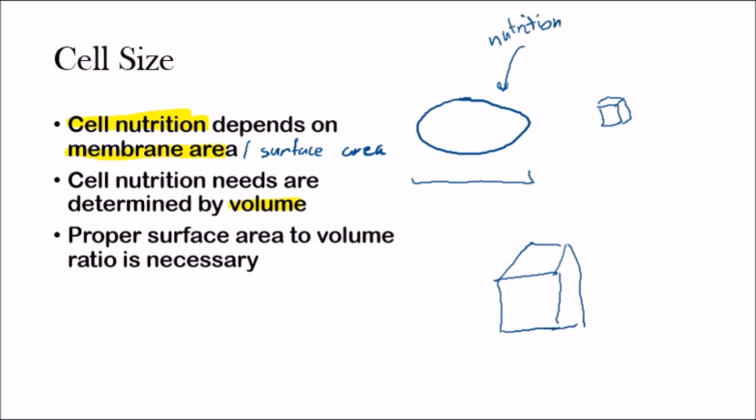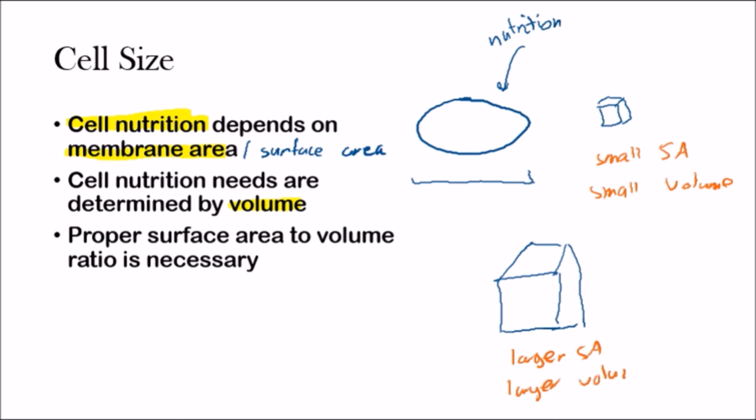So here we have a small surface area, and then we have a small volume. Here we have a large surface area, larger than this box, but then we also have a larger volume.